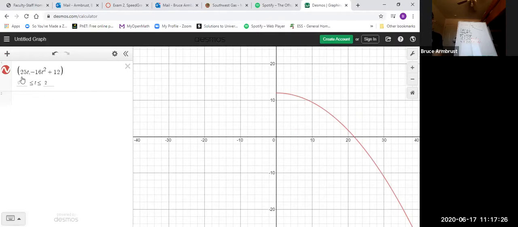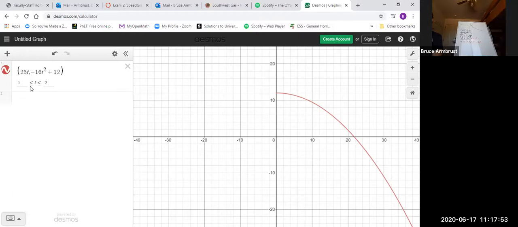You notice how I've got an ordered pair, parentheses, so there's the comma. This one says 25t and this one says minus 16t squared plus 12. This would be the parametric equations: x equals 25t and y equals minus 16t squared plus 12.